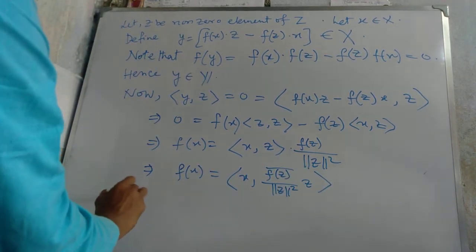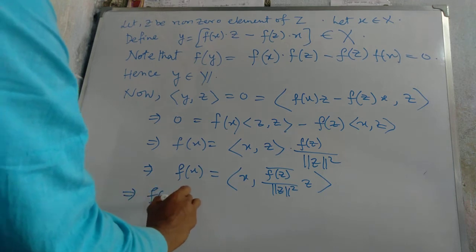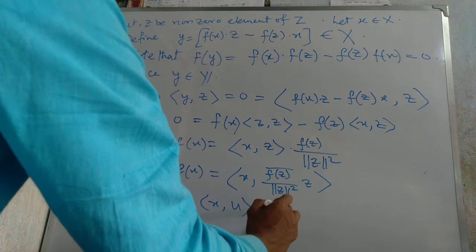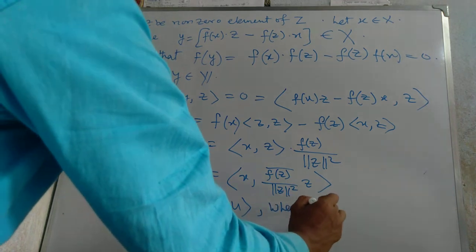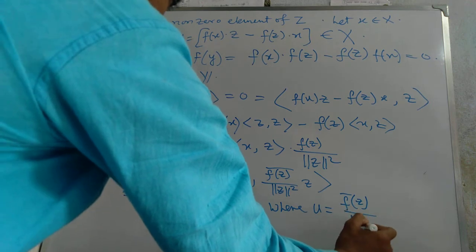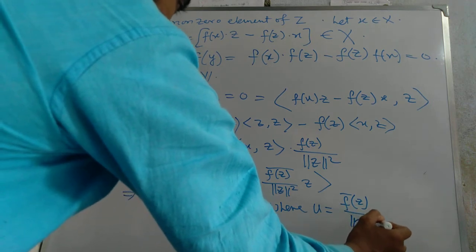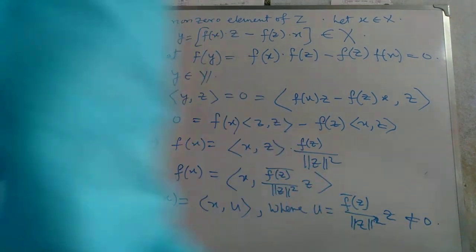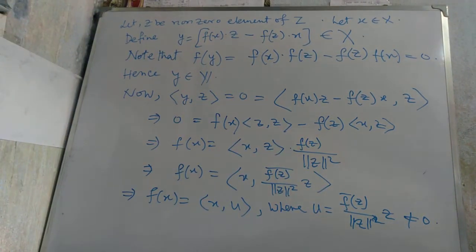Then we write it in this way: f(x) equals the inner product of x and u, where u equals the conjugate of f(z) divided by norm z squared, times z. This is not equal to 0. Then we also write in this way.